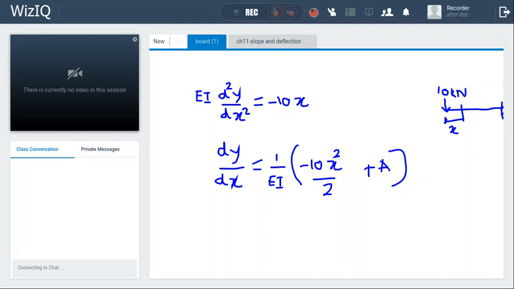When we again integrate, you can say easily we will get y equal to 1 upon EI, and here minus 10.